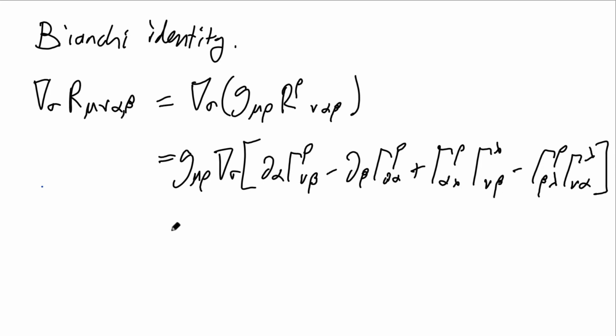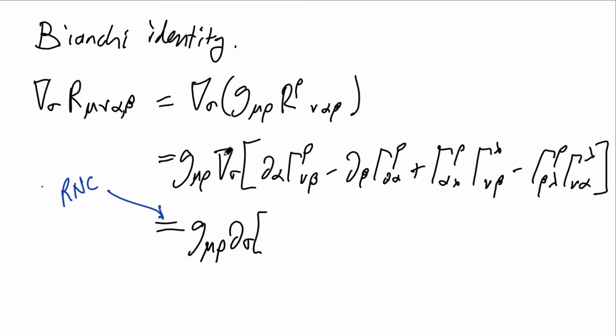So what we want to do next is to evaluate this expression in Riemann normal coordinates. That will greatly simplify our task of identifying this Bianchi identity. In Riemann normal coordinates, the covariant derivative involves an ordinary partial derivative and then terms with the Christoffel symbols, but when we evaluate those in Riemann normal coordinates, the Christoffel symbol terms vanish. So this is g_μρ ∂_σ.